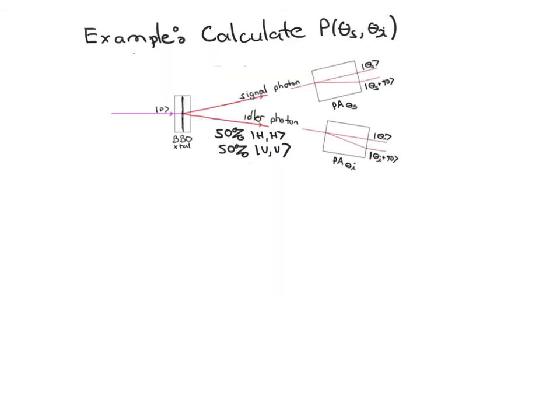So in this example, I'm going to take our standard generic 2-photon experiment where we have polarization analyzers that can be adjusted to angles theta sub s and theta sub i. And we're going to ask what's the probability that, of the 2-photon pair, the signal photon comes out the top port, and the idler photon also comes out the top port.